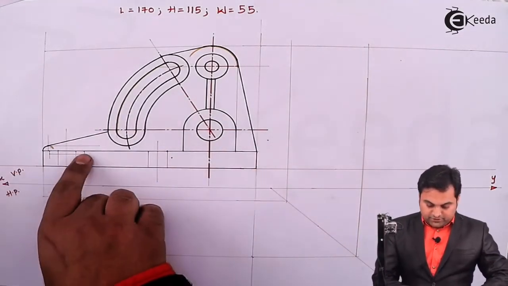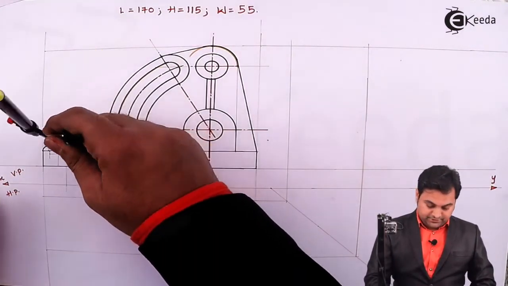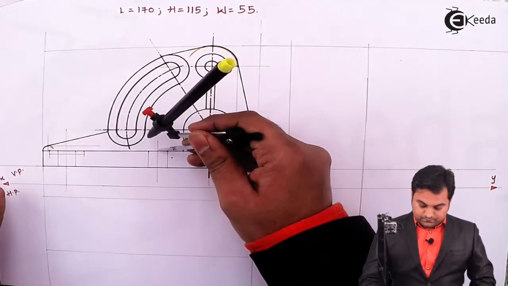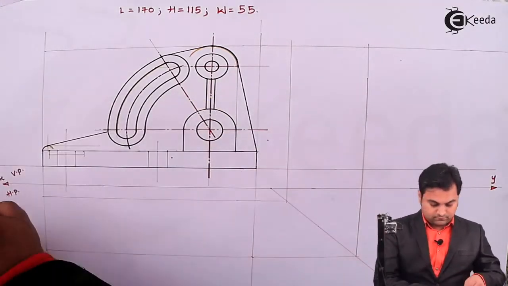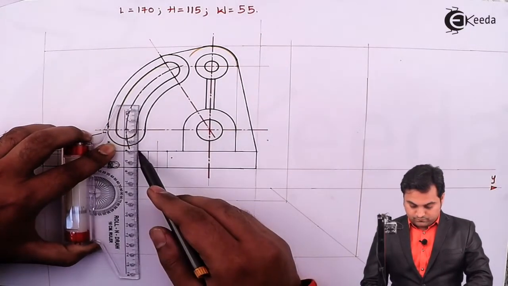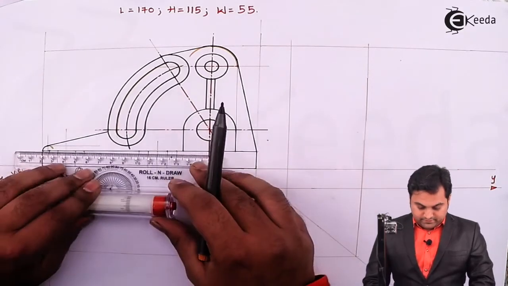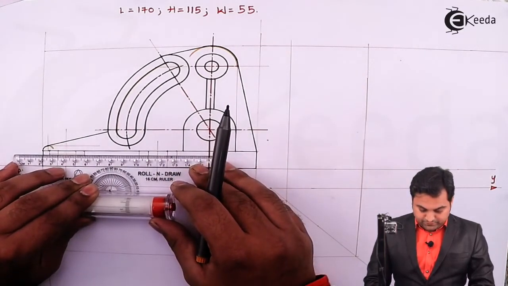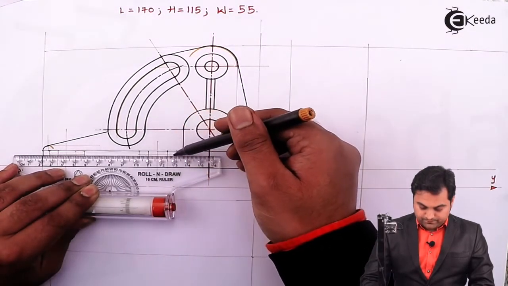Then for this spot face having diameter 30, I'll measure its radius. Projecting light line, and then this 3 mm gap I'll directly project from the other spot face which I had drawn.